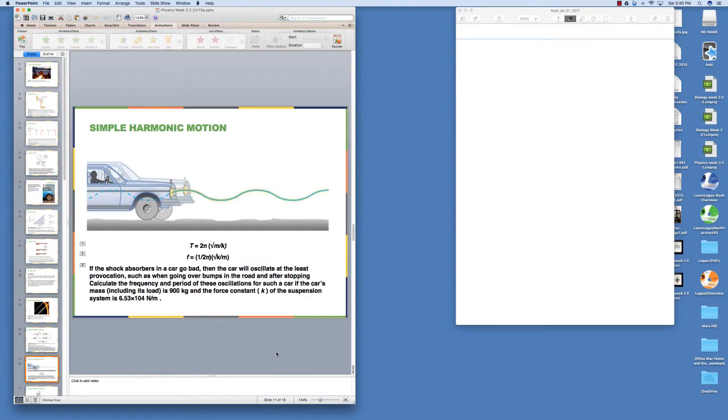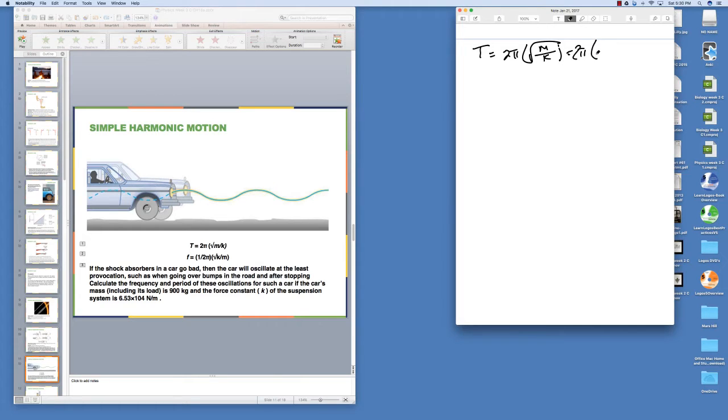In order to do this problem, let me write down, first of all, the period is going to equal 2 pi times the square root of m over k. So it's 2 pi times the square root of 900 kilograms divided by 6.53 times 10 to the fourth.